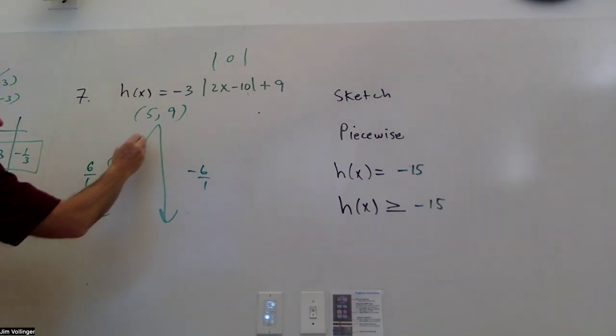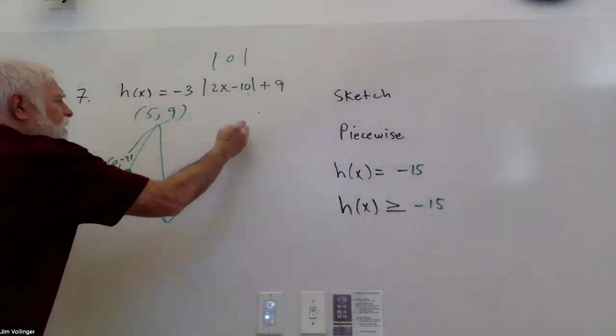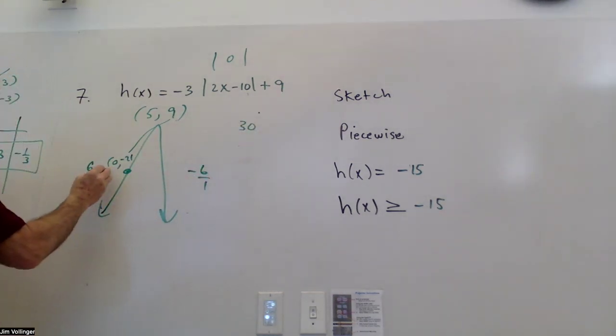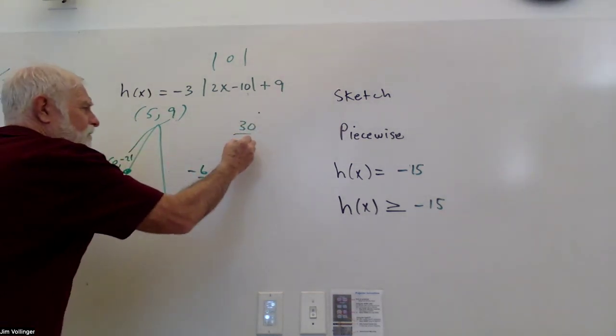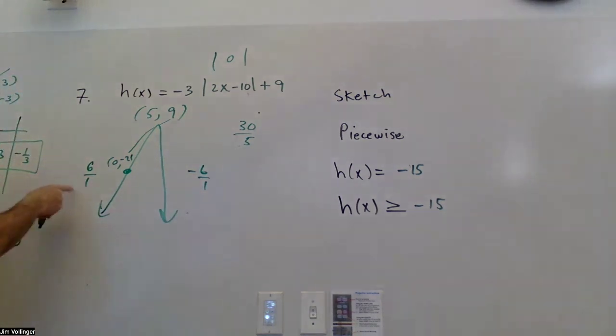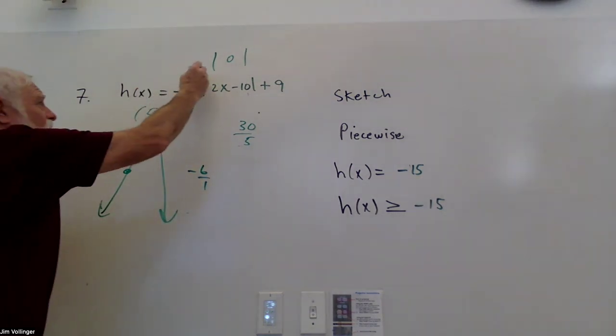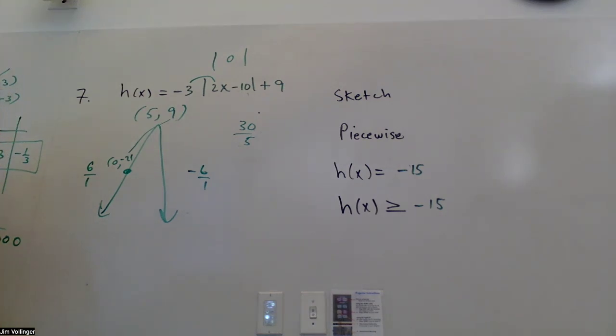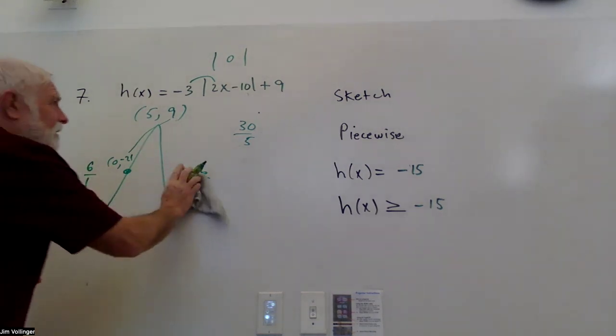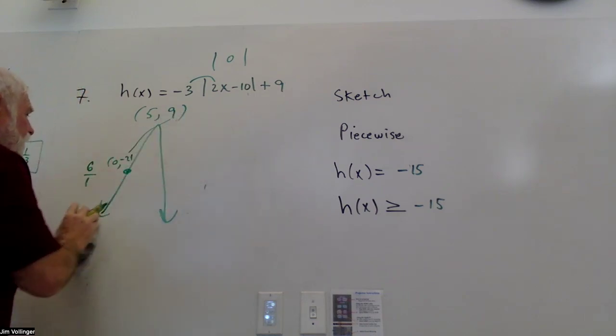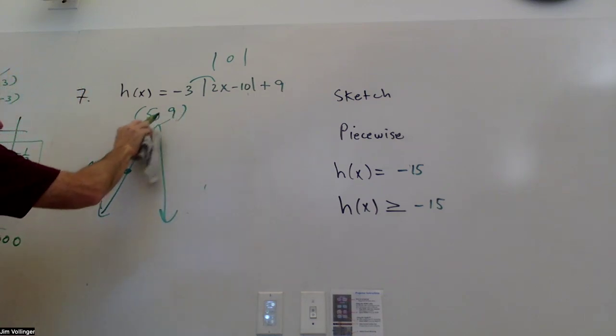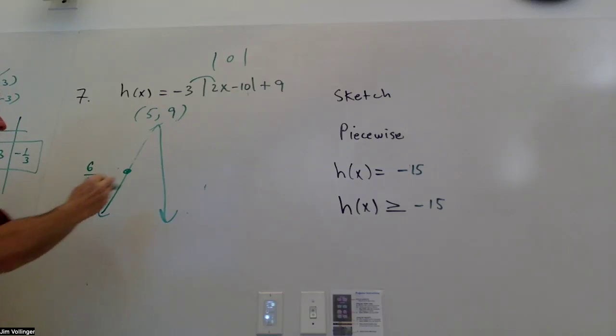How far is it from negative 21 to 9? 30 units, you say. How far is it from 0 to 5? 5 units. Oh, yes, that's a 6 to 1 rate of change. I guess the multiplication there tells me the slope on the branches. So I'm going to write my piecewise that way today. I'm going to use the vertex and the multiplication so I don't have to write quite so much.